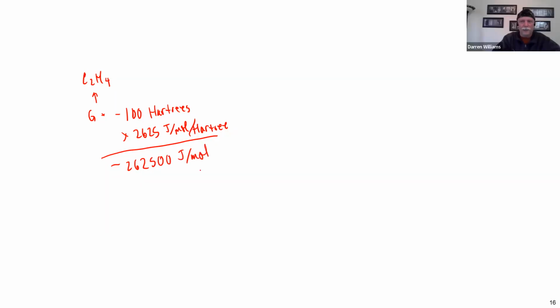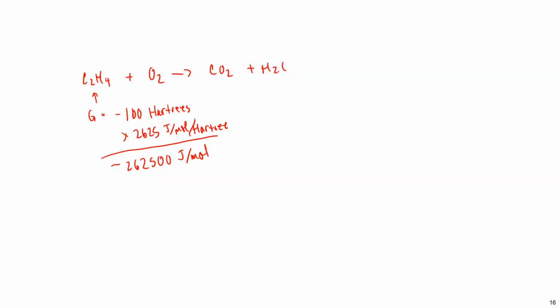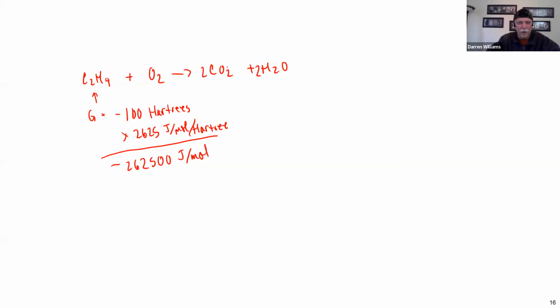Okay, this is not a delta G for that reaction. You have to add in oxygen and it yields CO2 and water. Yeah, we did that. And I'm pretty sure we balanced it out and converted. Okay, how many oxygens do I need?